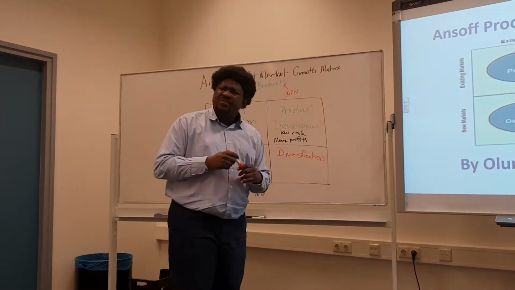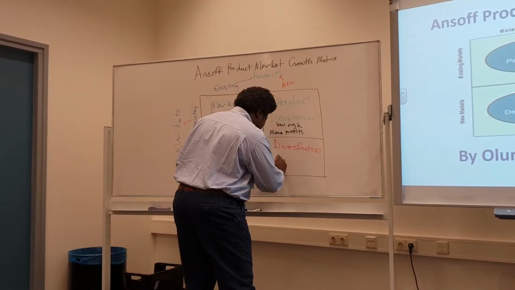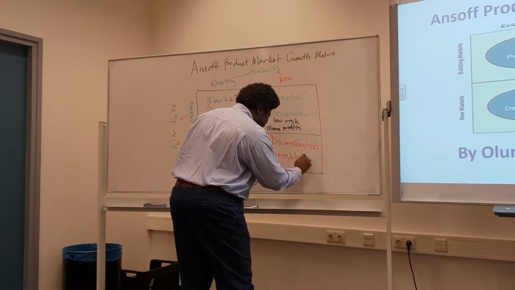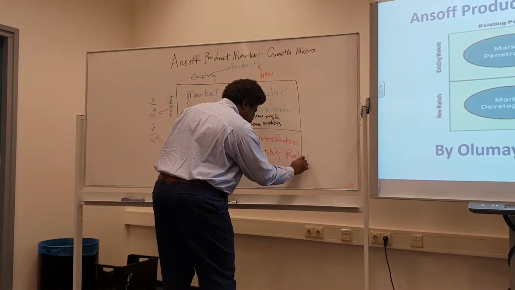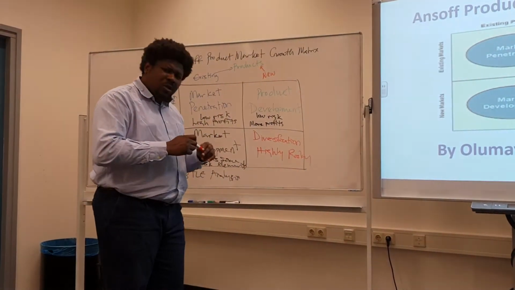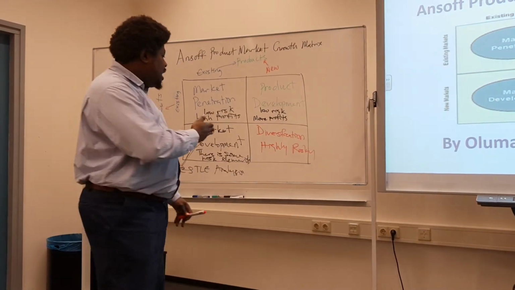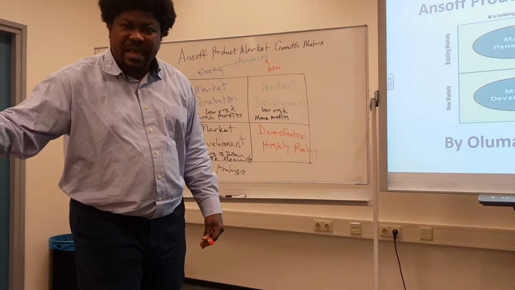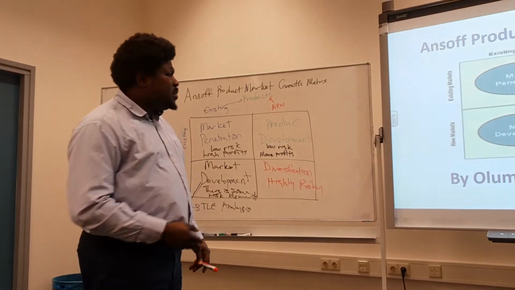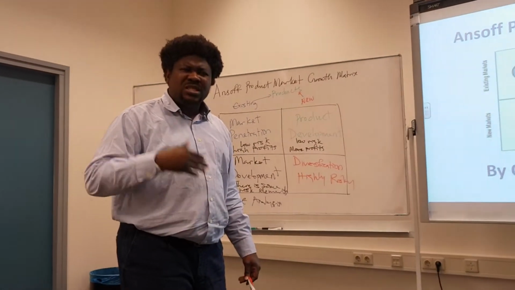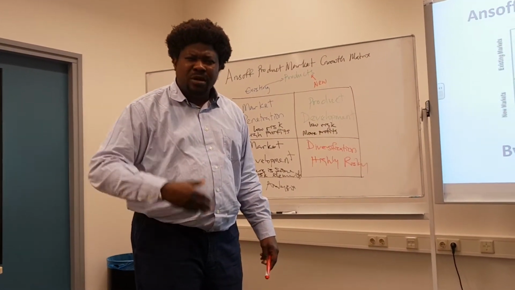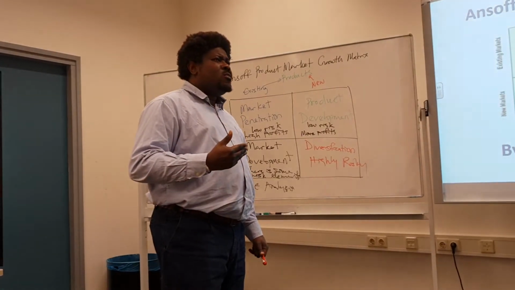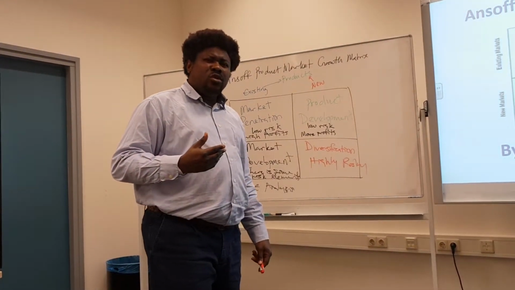And this is highly risky. This is because Philips does not know anything about the products. Philips does not know anything about the new markets they are going into. So let's make an example. Imagine Philips, which is the manufacturer of electronics products, says, oh, we are no more going to be manufacturing electronic products.